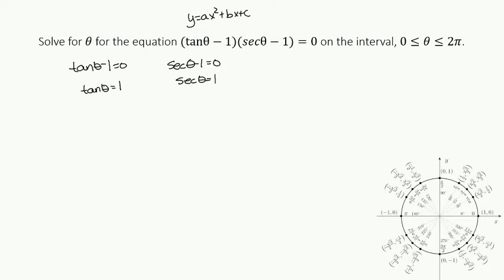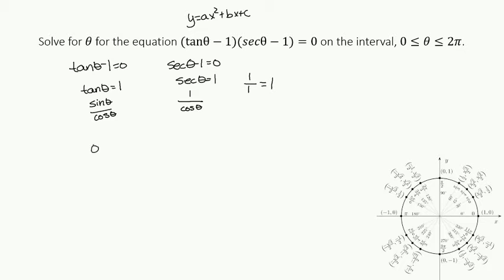Remember that the tangent of theta is going to be the sine of theta over the cosine of theta, and our secant is going to be the reciprocal of the cosine of theta. So if we find the reciprocal of 1, it equals 1, and then we need any value on the unit circle where sine of theta over cosine of theta equals 1.